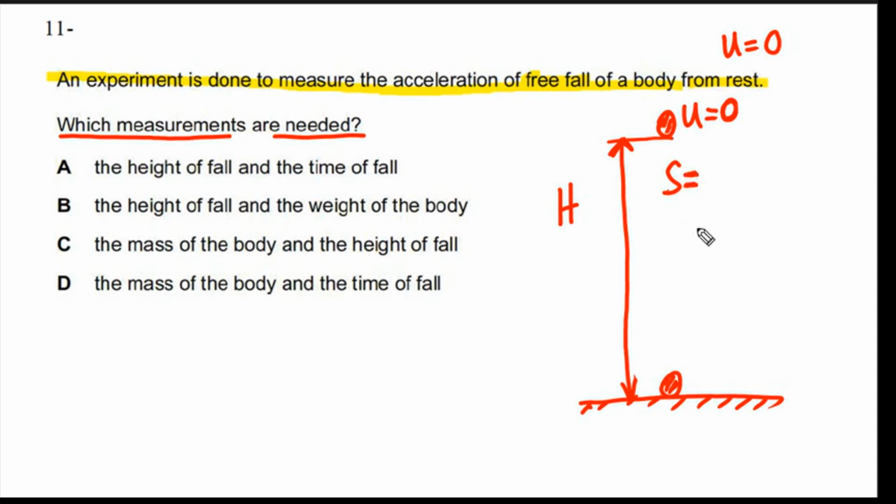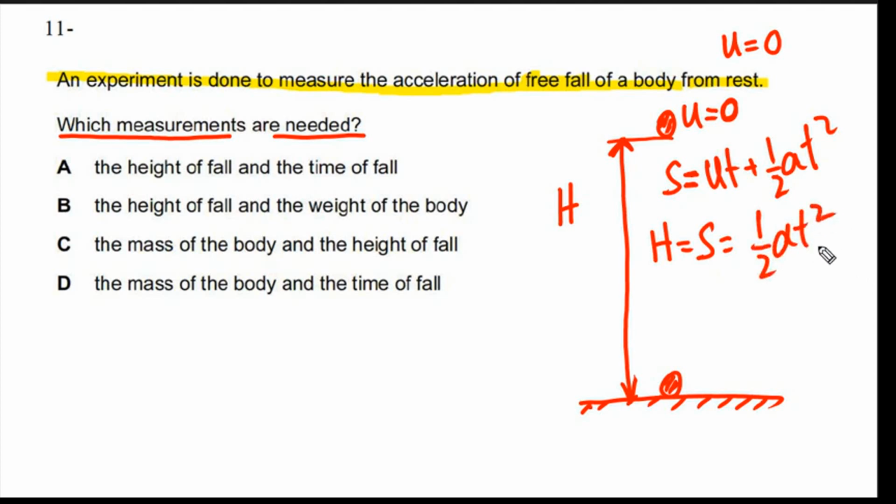So s is equal to ut plus 1/2 at square. In this case s is equal to h. As u is equal to 0, we can simplify, and we will get 1/2 at square.